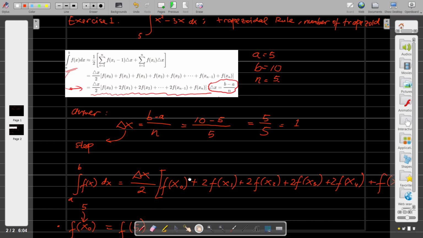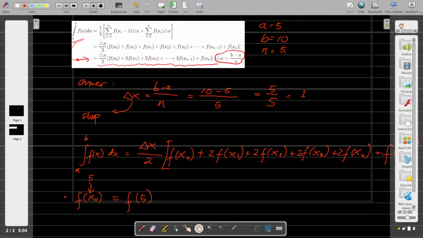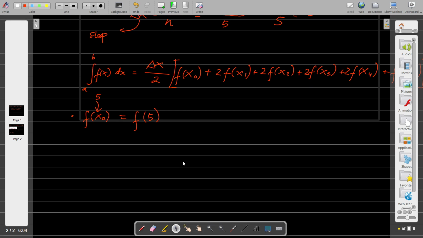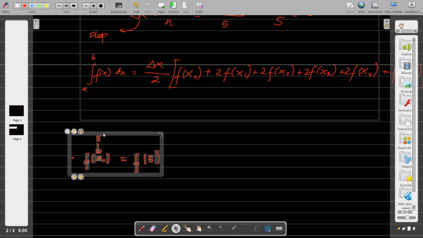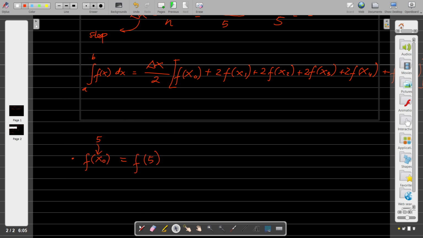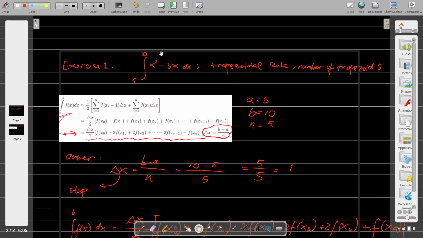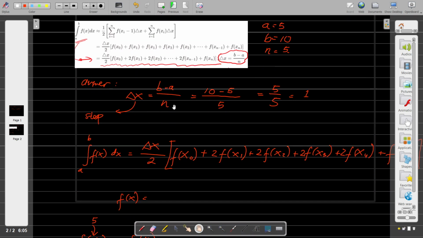I will write down, wait a moment. Because our equation is like this, this is the f(x), x to the power of 2 minus 3x.